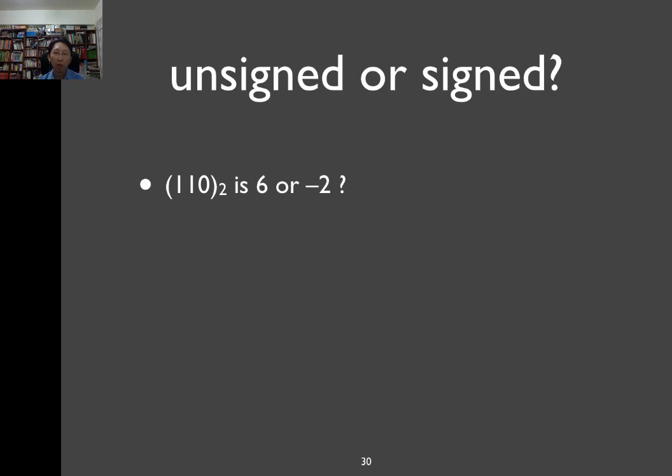How do we distinguish an unsigned number and signed numbers?